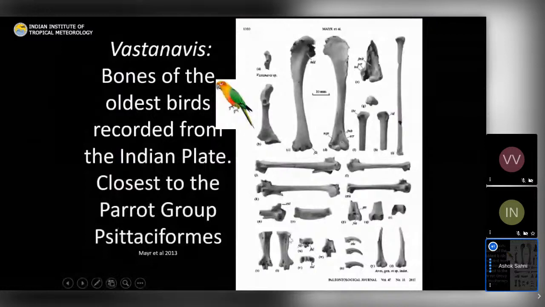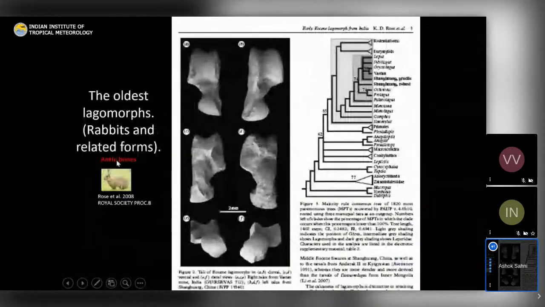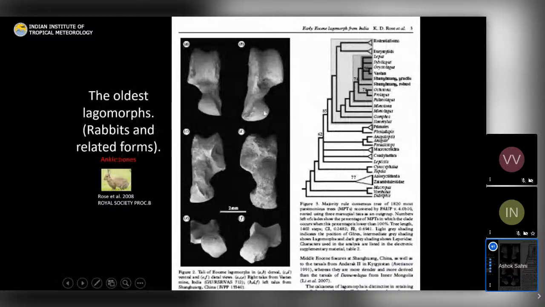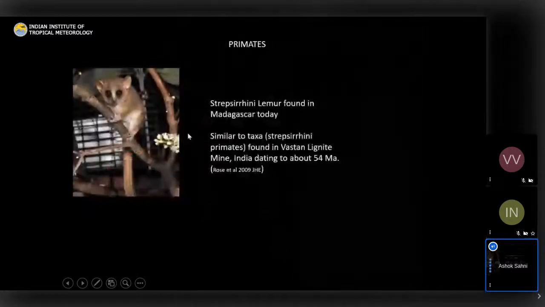We also found the oldest rabbits. Rabbits, you know, jump, and therefore the ankle bones are very distinctive. And this was published in the Royal Society proceedings. So we have parrots, we have rabbits. And then we have primates.